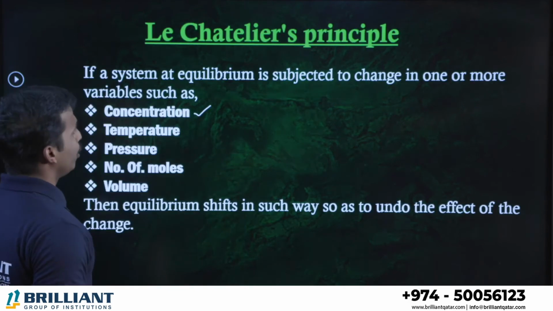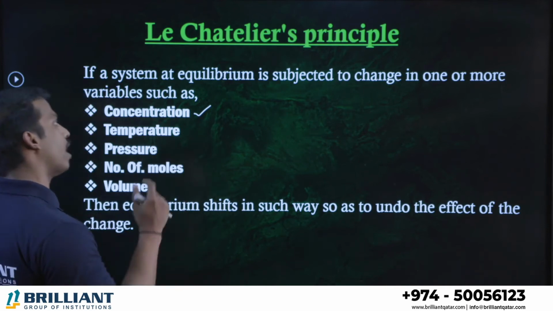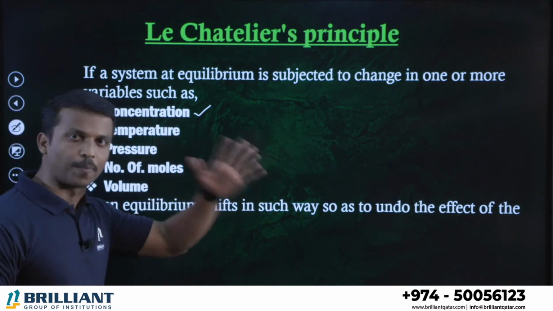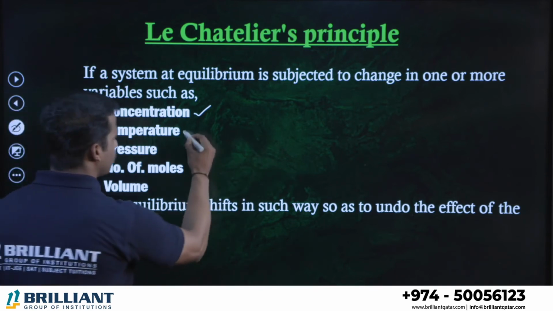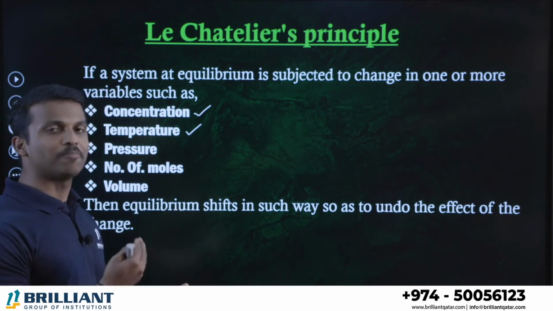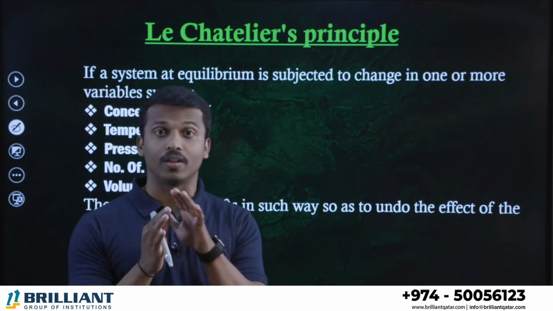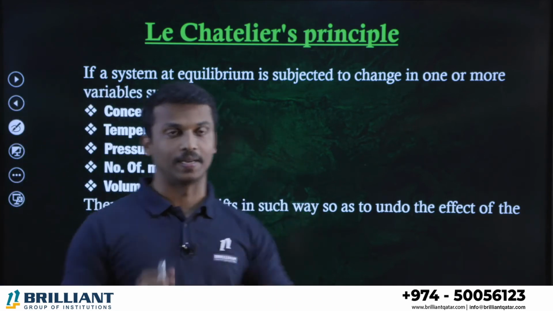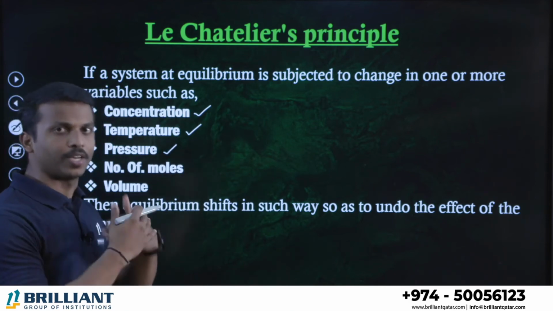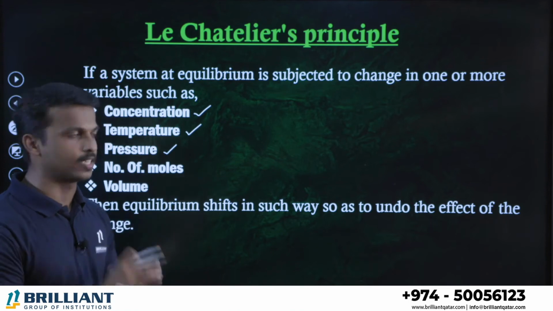You can disturb the equilibrium either by changing the concentration of reactants or products, or you can change the temperature. If you increase or decrease the temperature, the reaction equilibrium gets disturbed. If you increase or decrease the pressure, definitely the equilibrium will be disturbed.